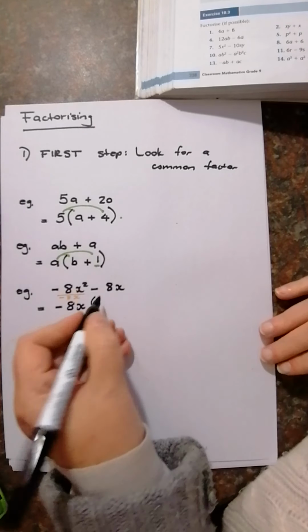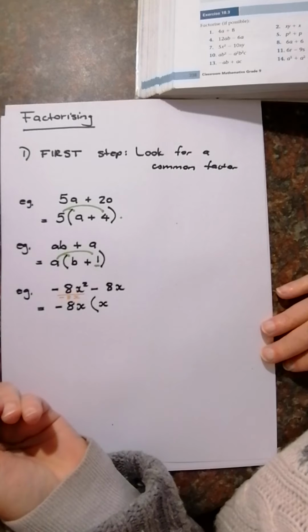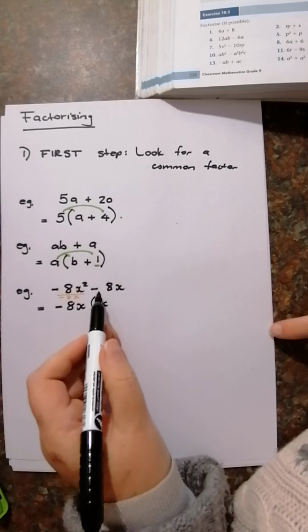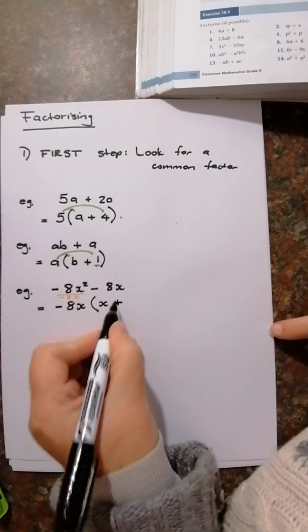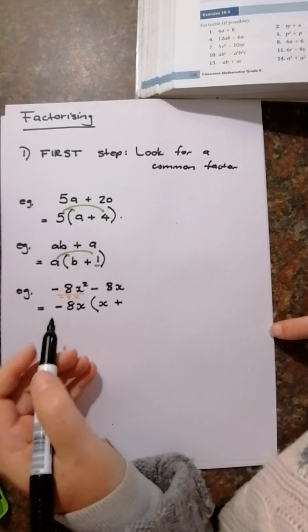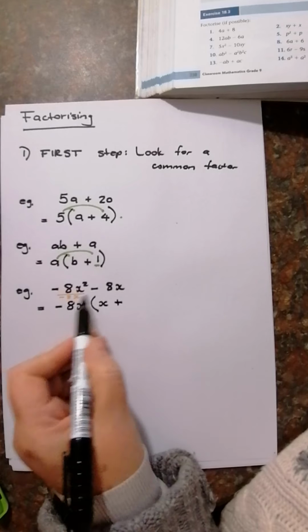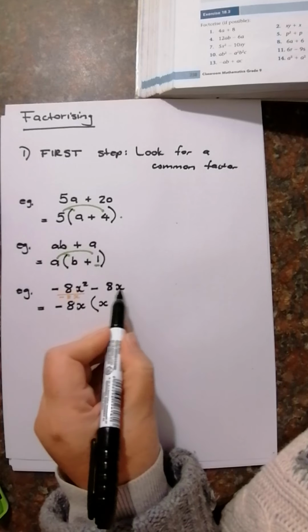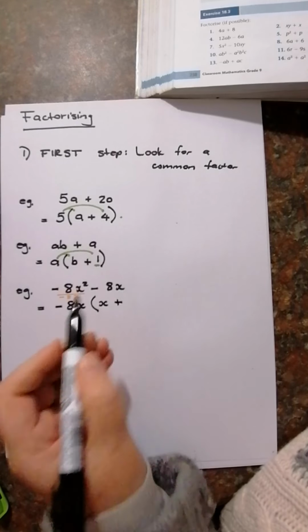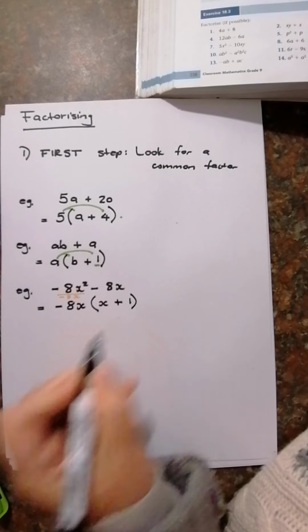Just a single x. Because I've taken out the minus, I have to put a plus here, because a minus times a plus is a minus. And I took out 8x, so what am I left with here? If I've taken 8 and the x, I'm left with just a 1.